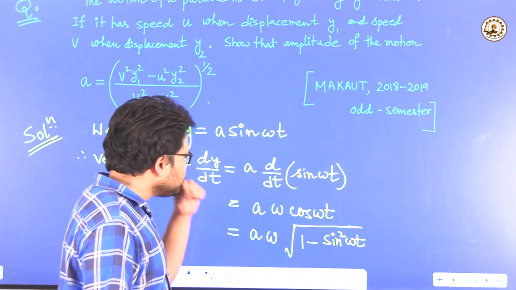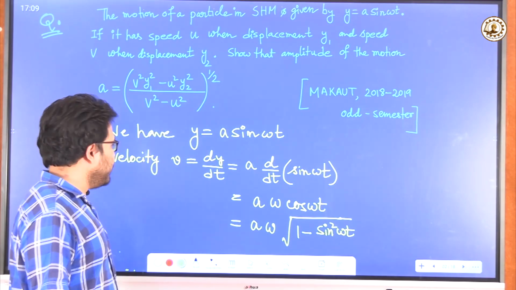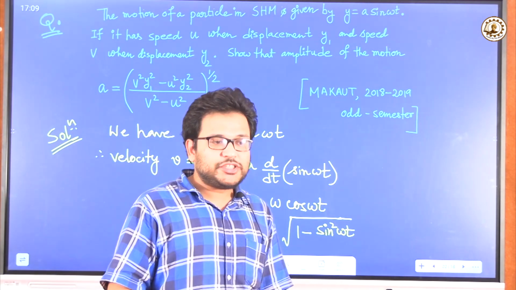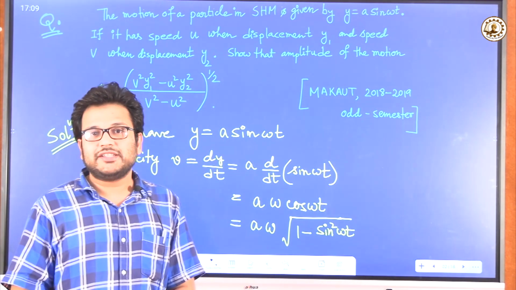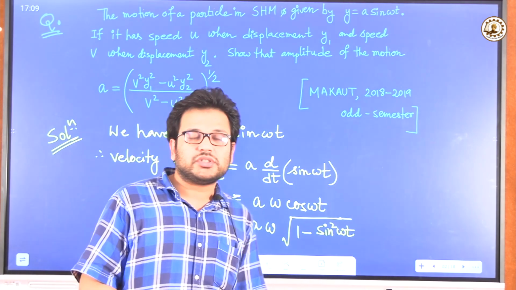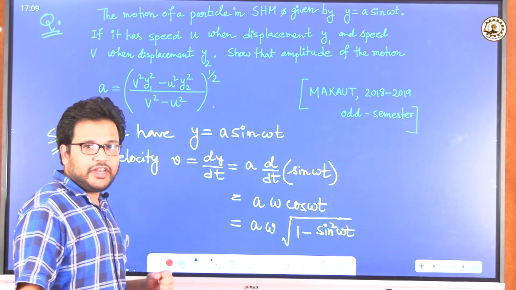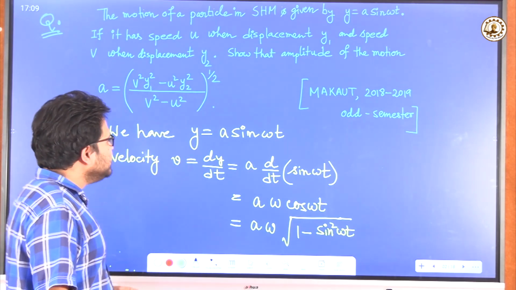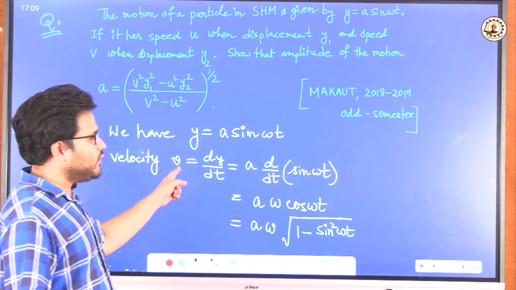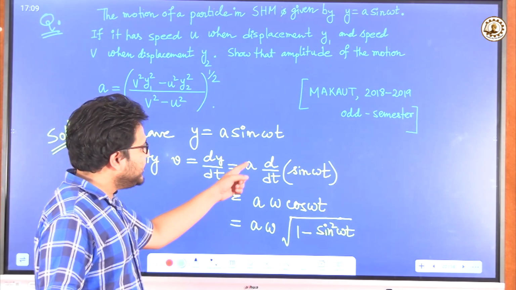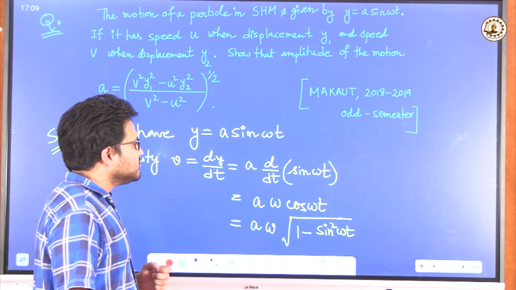So the velocity v equals dy/dt, the first order time derivative of the displacement, which equals a d/dt of sin omega t.